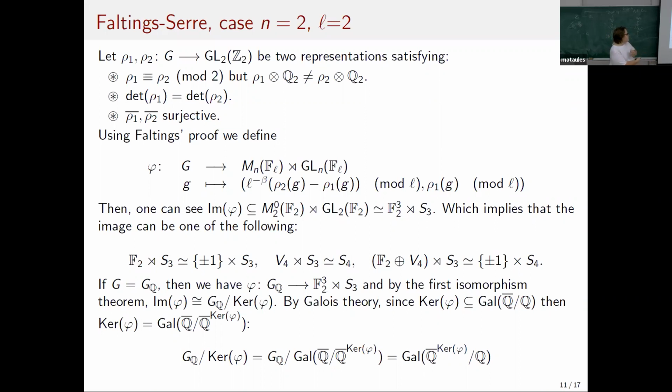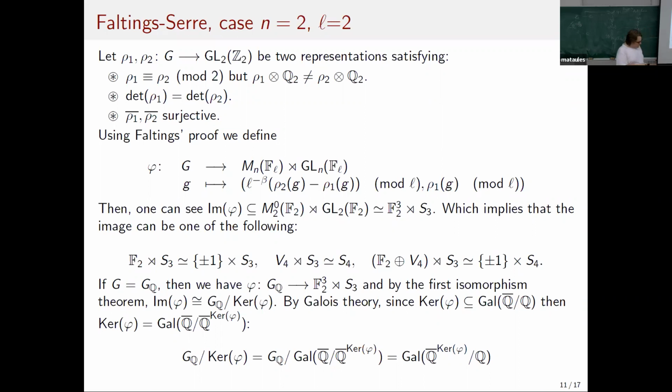So basically this quotient right here is this quotient of Galois groups. And again, by Galois theory, a quotient of Galois groups is the Galois group of an extension. So basically, we've converted the problem of finding the image of this map, which is hard, into finding some field extension that maybe is easier.